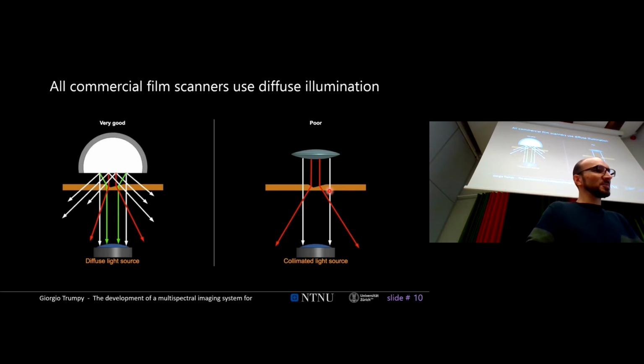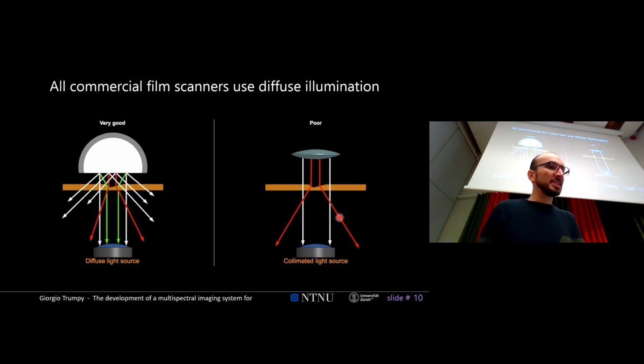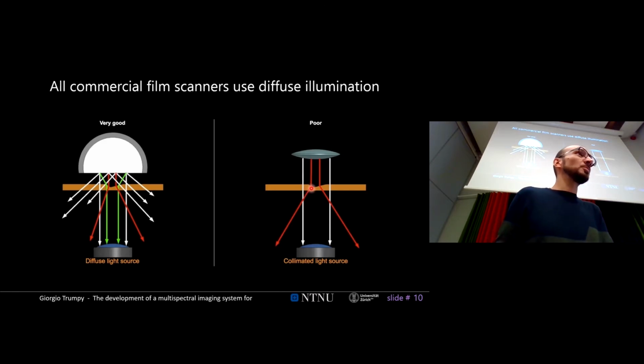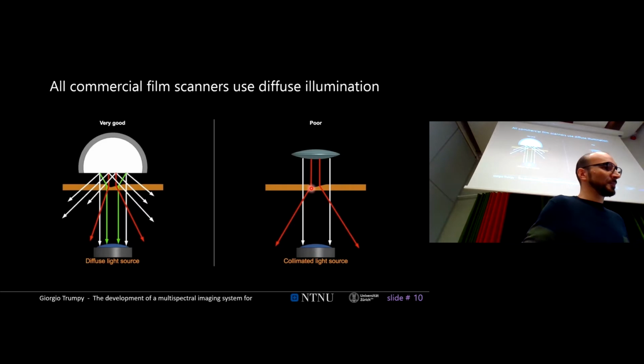This is a commercial from a film scanner manufacturer that is showing how diffuse illumination is better than condensed illumination, because those red rays here are not collected by the imaging lens, and therefore this scratch will be darker, and therefore more visible in the final image.